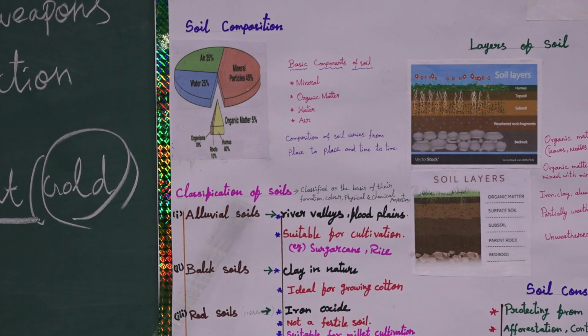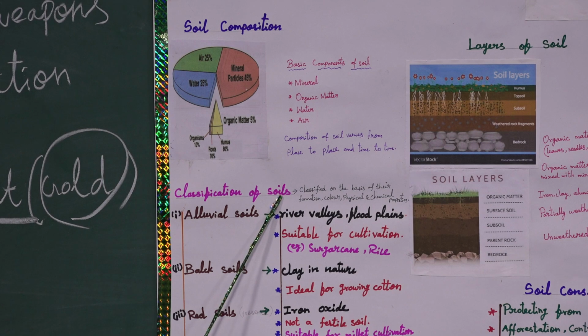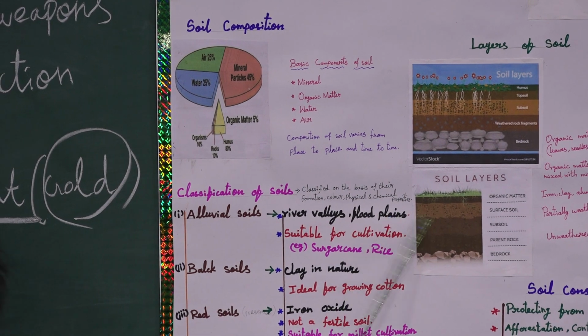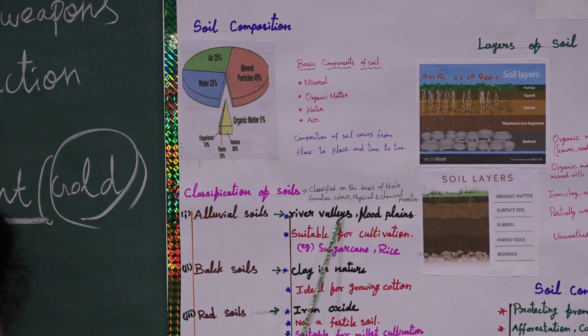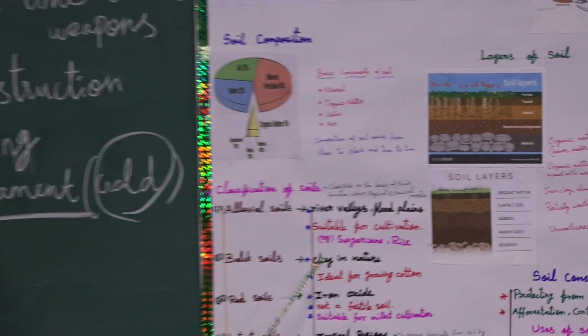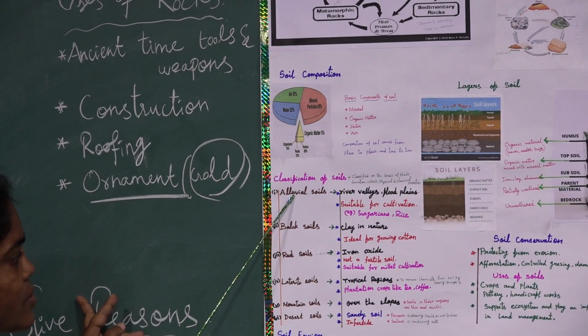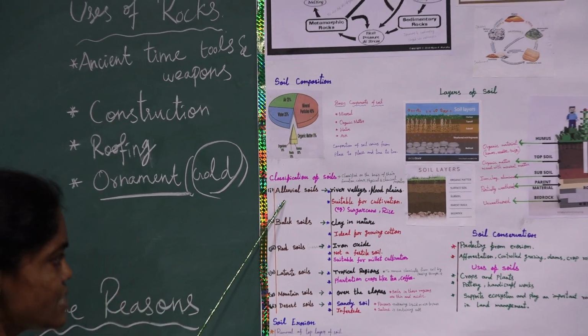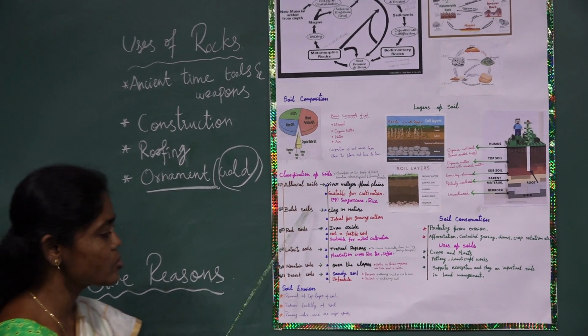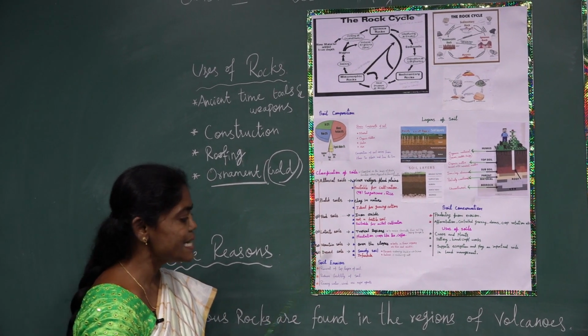Next we will see the classification of soil. How are soils classified? It is classified on the basis of their formation, color, and physical and chemical properties. See that? Six types of soils are classified: alluvial soil, black soil, red soil, laterite soil, mountain soil, desert soil.